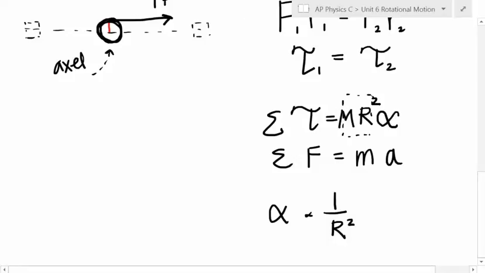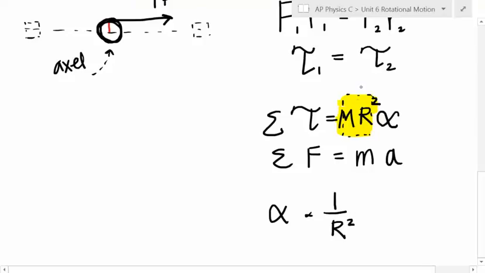And so it turns out that the mass analogy is not just the mass, but it's the mass and its distribution. It's the mass and its position.